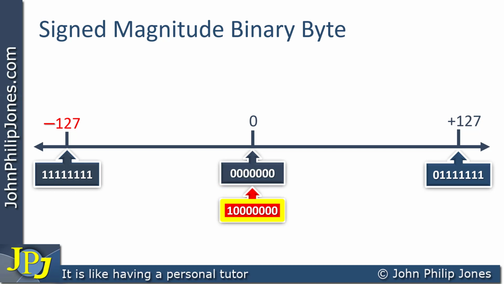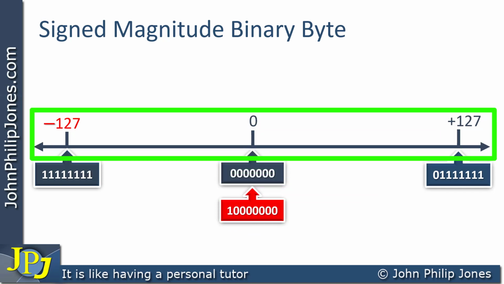Now mathematically you may want to think about having a plus 0 and a minus 0, but from a computer science viewpoint, what we have with signed magnitude binary bytes is the fact that 0 can be represented by one of two codes, whereas every other number on this line that has a representation has a unique code. So this is a drawback.